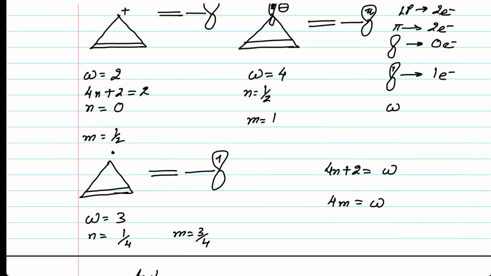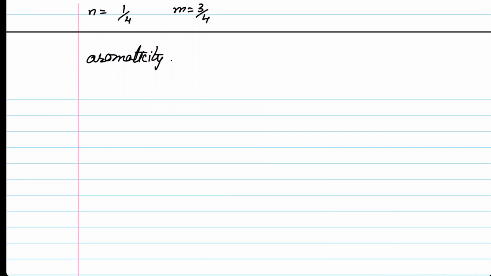In the same manner, we have something called an antiaromatic compound. The compounds in which the number of electrons taking part in cyclic conjugation is given by the formula 4m, where m is a natural number, that is, a positive integer, are termed anti-aromatic compounds.